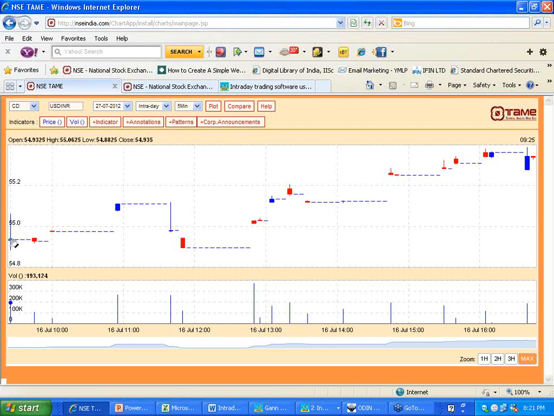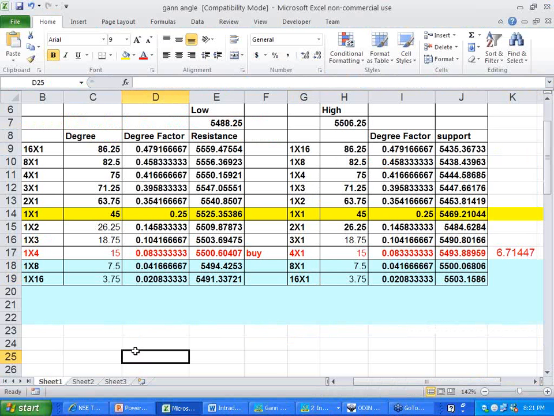In the first 5 minutes itself we have created a low of 54 rupees and 88 paisa, and we have created a high of 55.0625. So here my low is 54.8825, and my high is 55.0625, and the current price is also important.